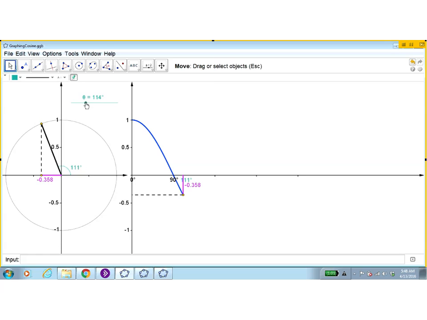Well, my x value is becoming more and more negative, right? So it's continuing its decrease until the lowest point that it's going to get is right here, -1. That's the smallest. That is the furthest to the left I can go on the unit circle. So that's going to be the smallest x value.